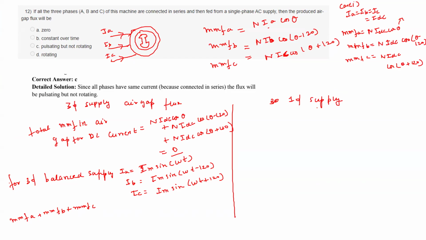And omega t is because you are giving the supply balanced in time. So this is balanced in space because you have made the windings like this, placed in particular slots after 120 degrees. Due to that there is theta, and there is omega t because of the time variance.